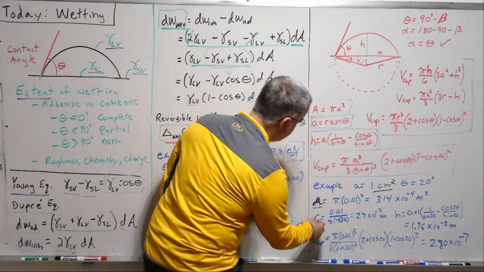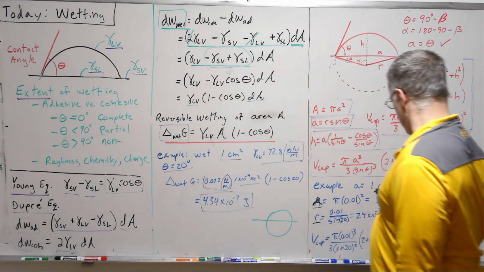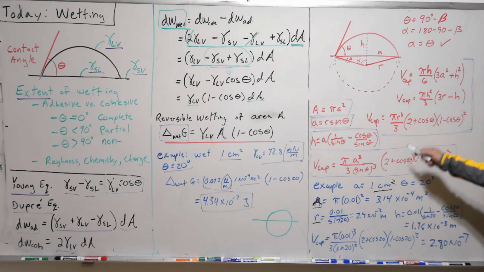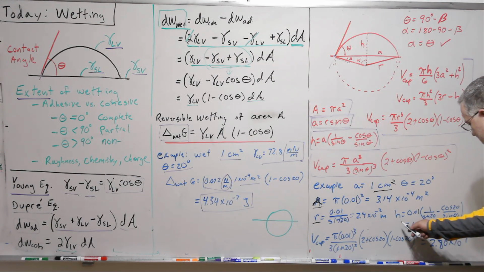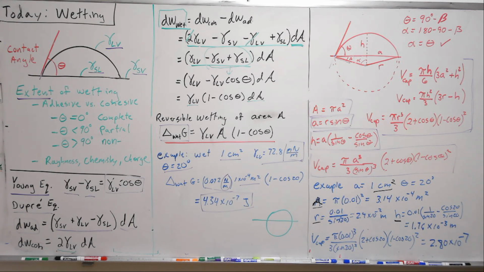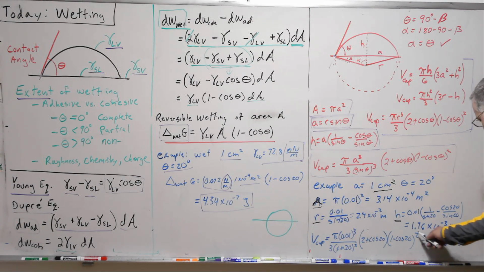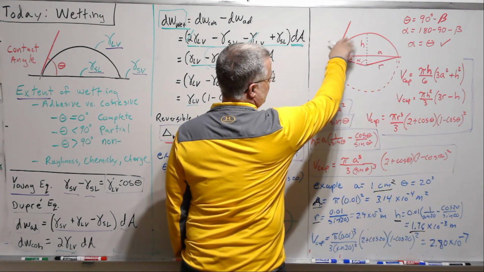R likewise, is A over sine theta. And then the height formula, plug that in, we get 0.17 centimeters here.